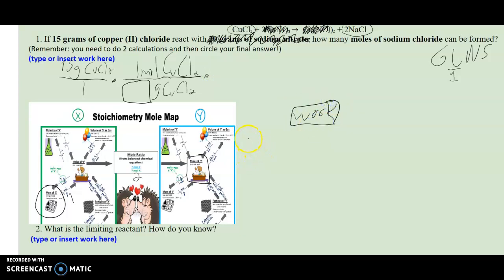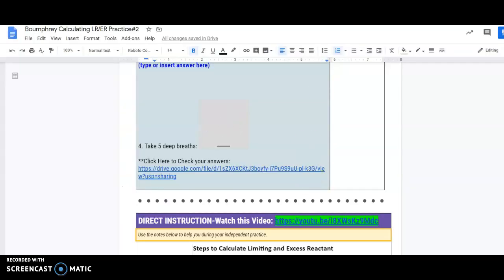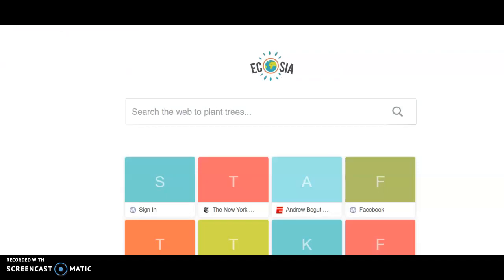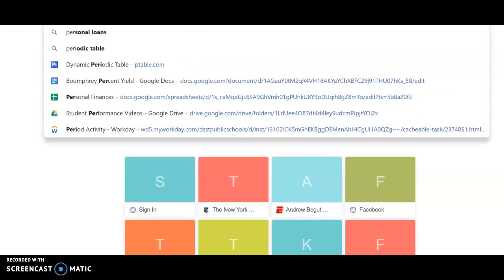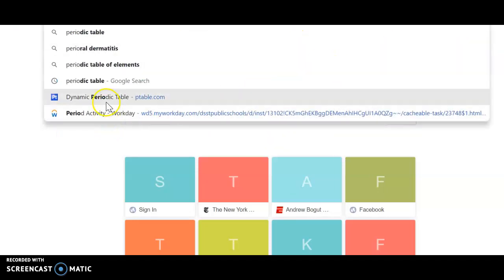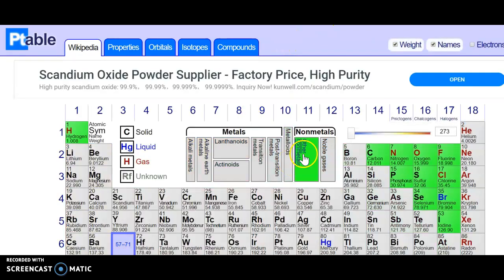Alright, so let's see, first I have 1 copper, Cu, 1 times something. And then chlorines, I've got 2, 2 times something. So I need my periodic table, which I haven't done an awesome job preparing already. Periodic table. This one looks good.